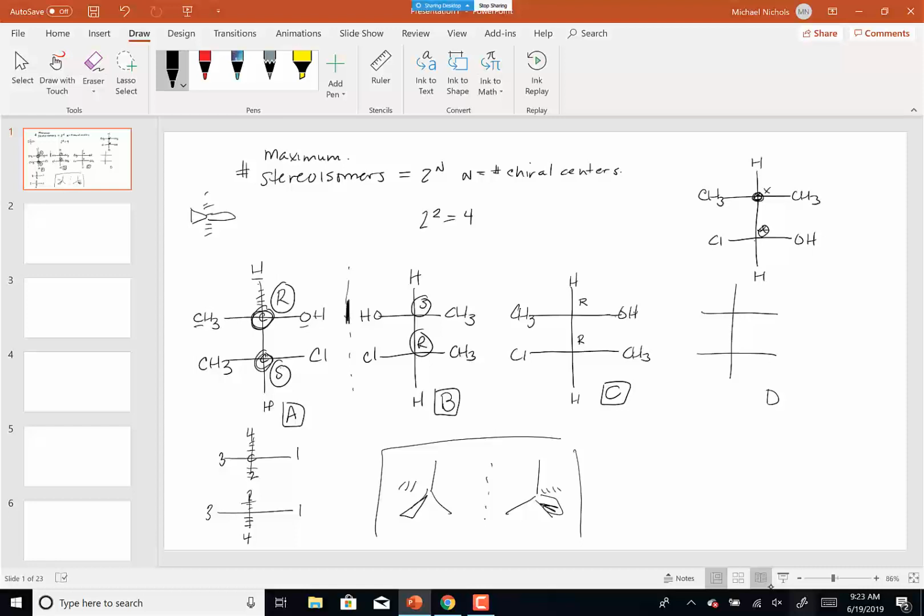S and S. So write the top carbon's configuration as S. So again, if I'm writing the top carbon's configuration as S, that's going to come from B. And then the bottom carbon's configuration as S is going to come from A, molecule A.